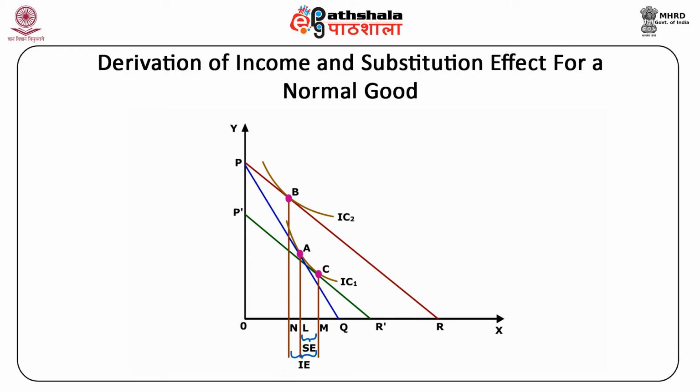P' represents the compensating variation in income due to a fall in price of X. It is the amount by which income is reduced to offset the gain due to the increase in real income owing to the fall in price, so that the consumer remains on the same indifference curve as before.